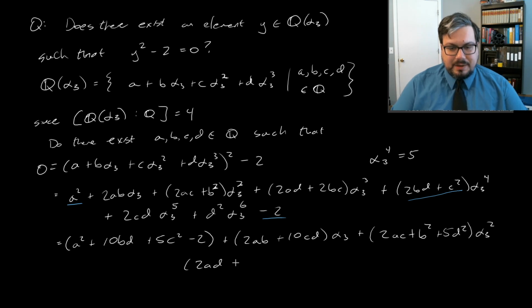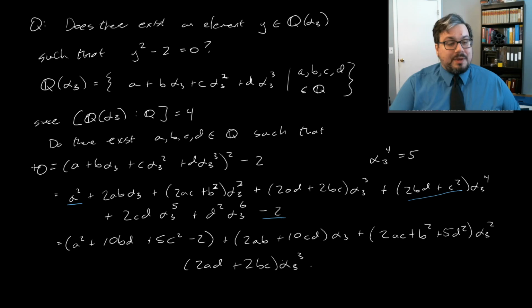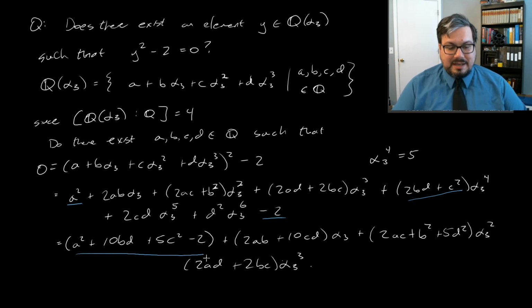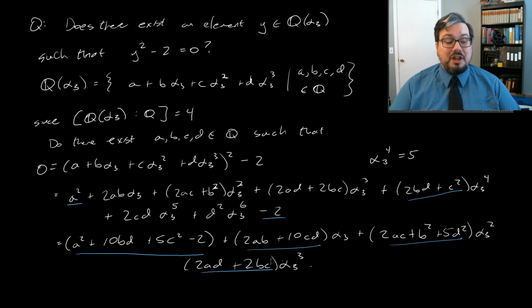And then we just have 2ad plus 2bc times alpha 3 cubed. So we have that 0 is equal to this expression here. But remember that these elements, 1, alpha 3, alpha 3 squared, and alpha 3 cubed, form a basis for the field Q(alpha 3) over Q, which means that each of these coefficients in this last expression must be 0 in order for the whole thing to be 0.